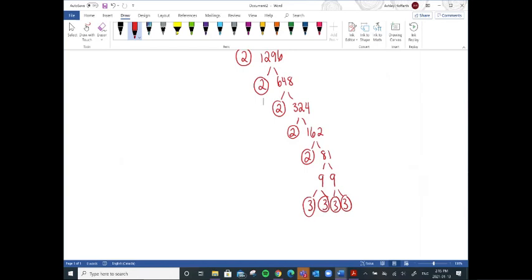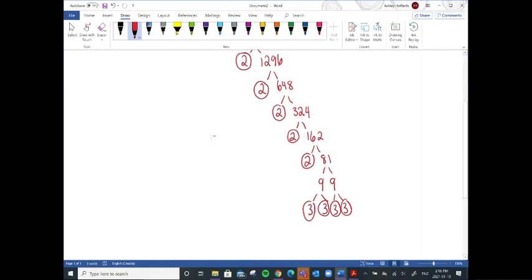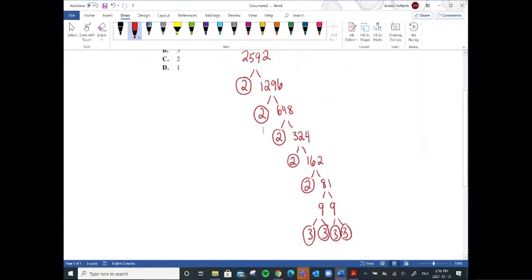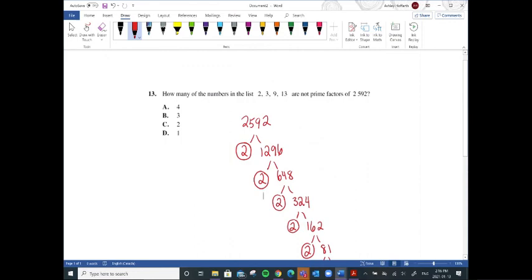Okay, so it looks like our only prime factors are 2 and 3. I've got a bunch of 2s and a bunch of 3s, so those are the prime factors.